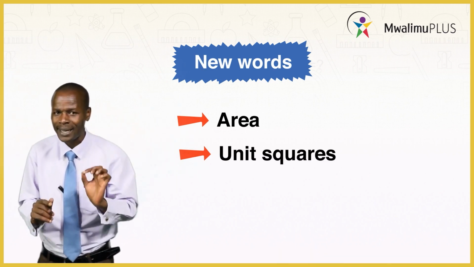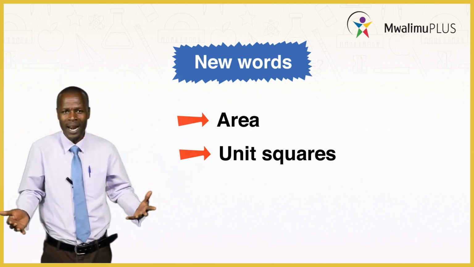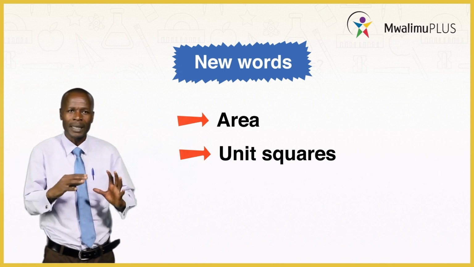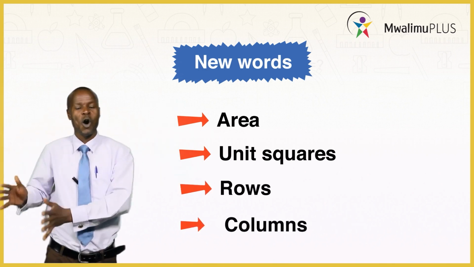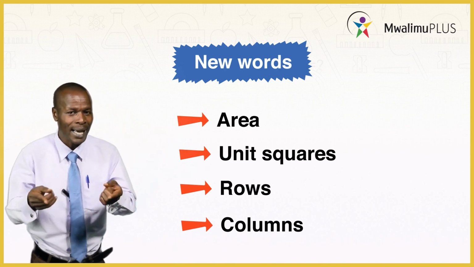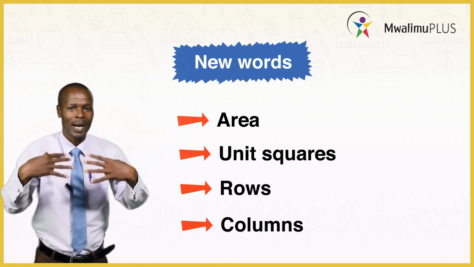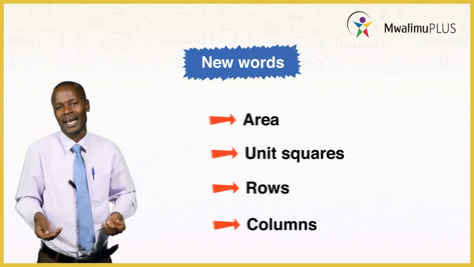Then another term that you need to carry with you as you learn is rows and columns. These are very important words that we need to carry with ourselves as we progress in the lesson.